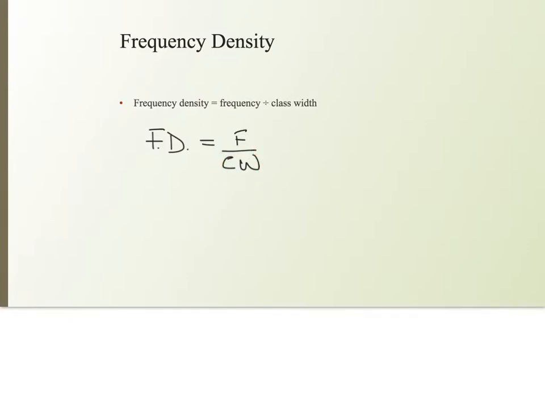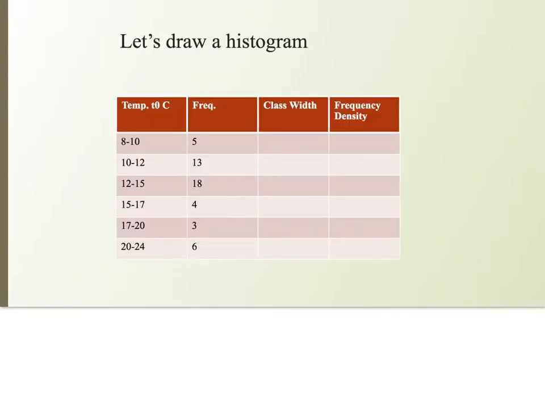It's just an average, because at the end of the day you don't really know how that population has been distributed along that frequency density, so you're just making an assumption that it's evenly distributed by using this formula.